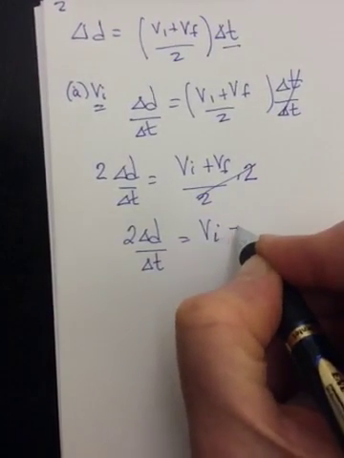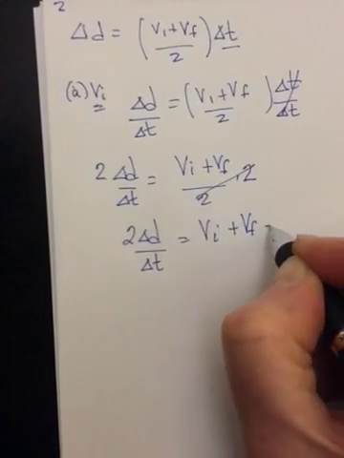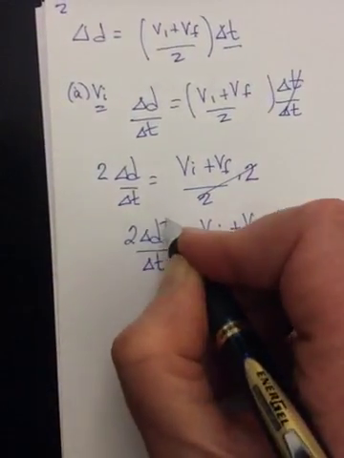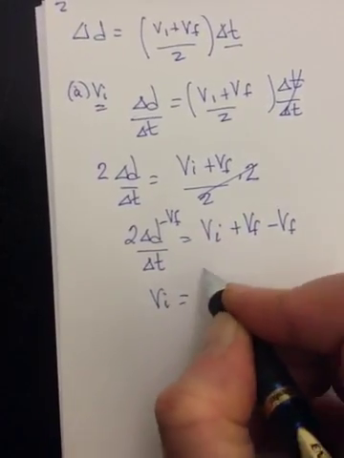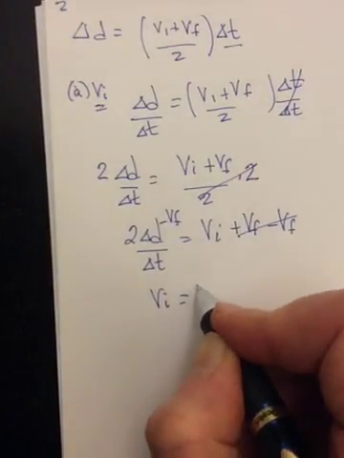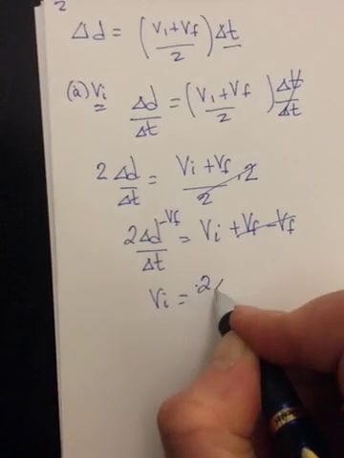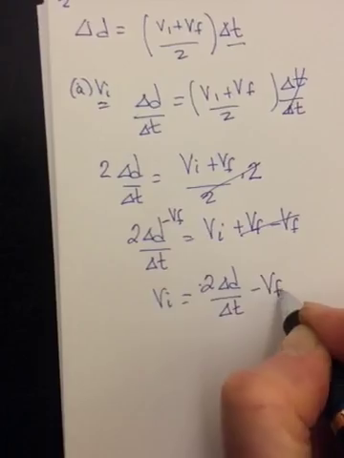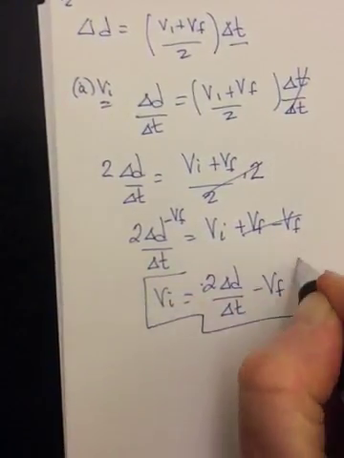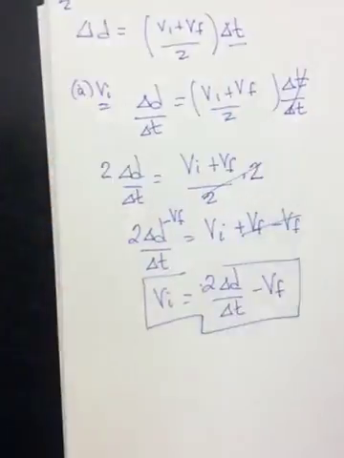You need to get rid of the VF, so subtract VF from both sides. And so it becomes, I'm writing my VI on this side, these go, it becomes VI is equal to 2 delta D over delta T minus VF. Okay, so that's for A.